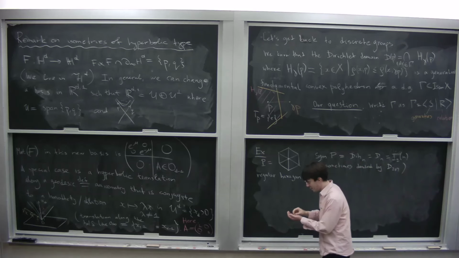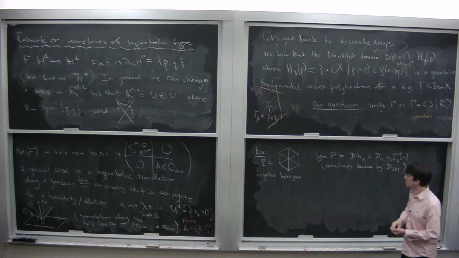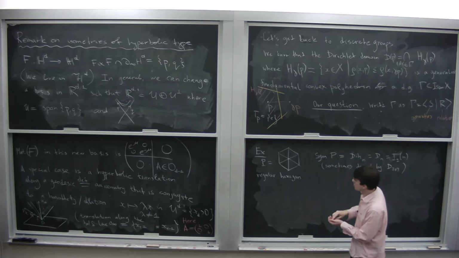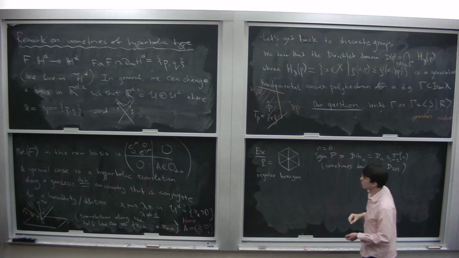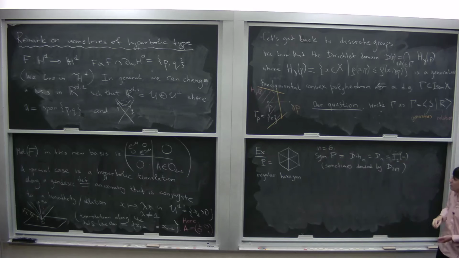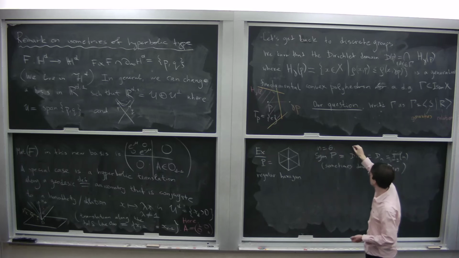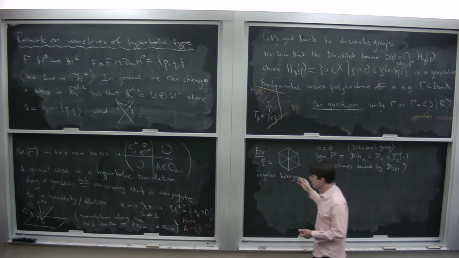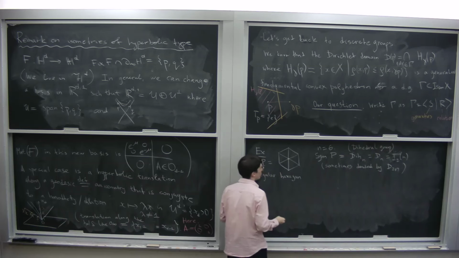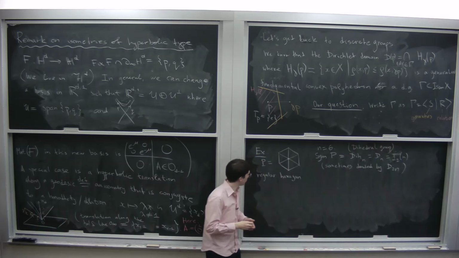It's just a warning. Here n is equal to 6, but in fact, we will see that it's a general dihedral group. So this is a symmetry group of my polyhedron P.